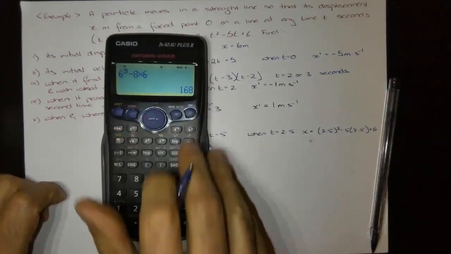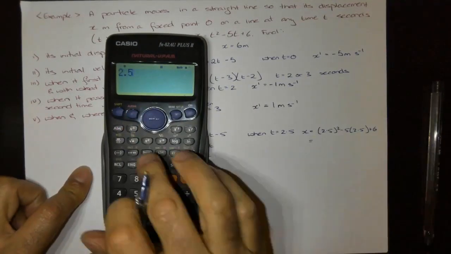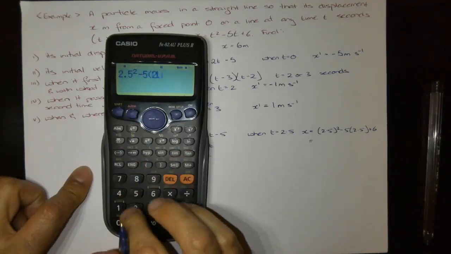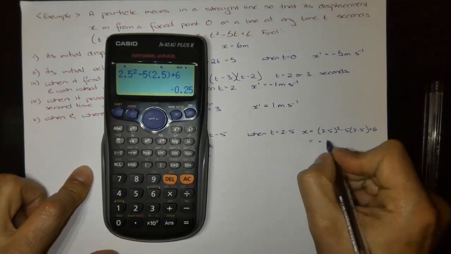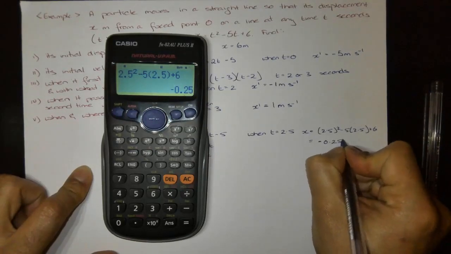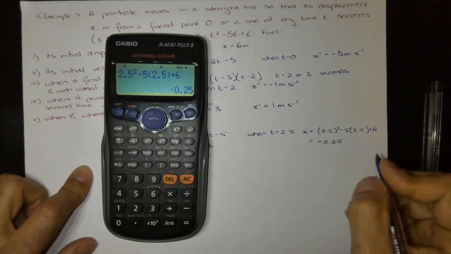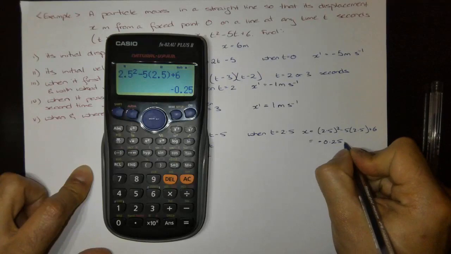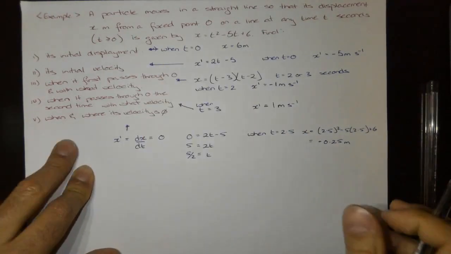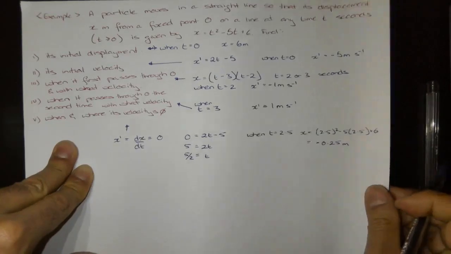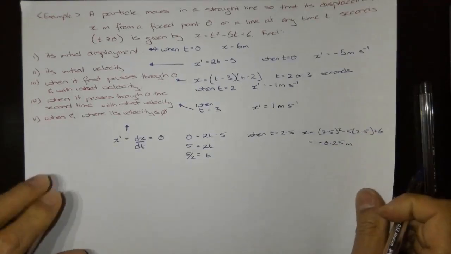That happens a quarter of a meter behind 0, the fixed point. Okay, and that's that example.